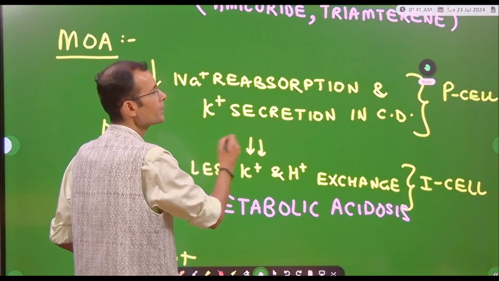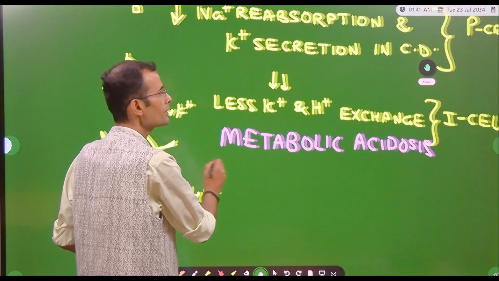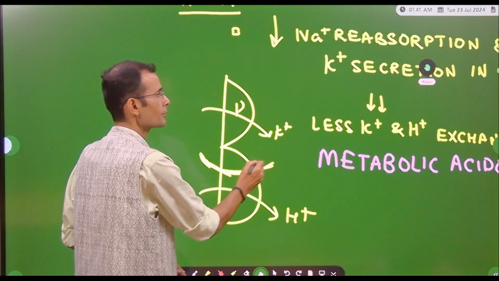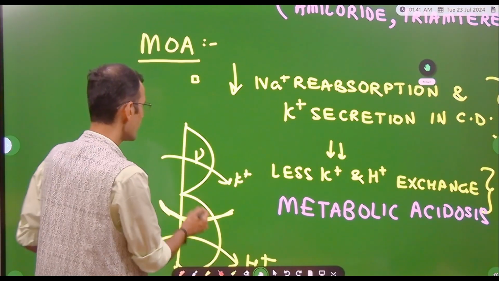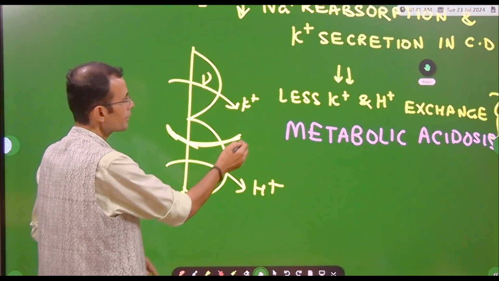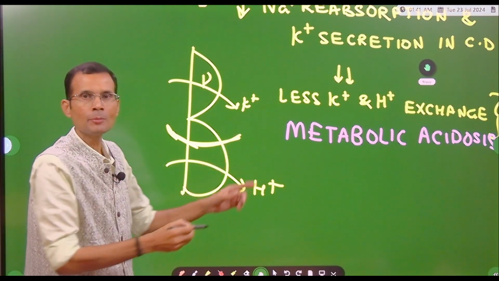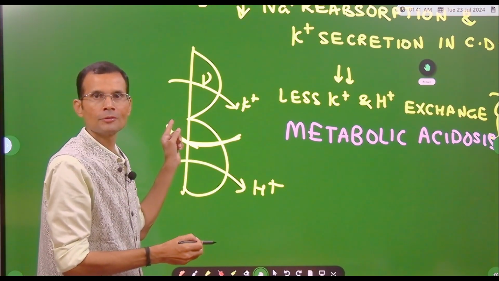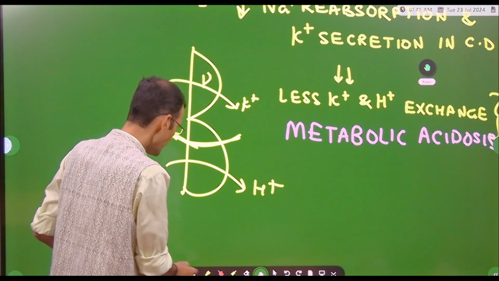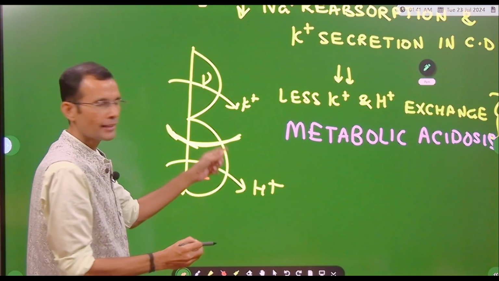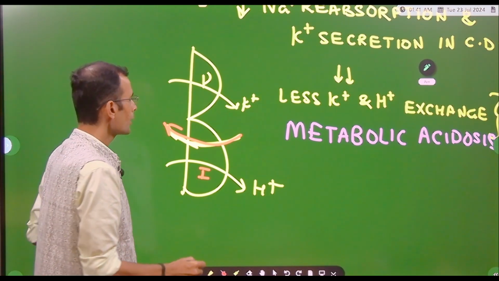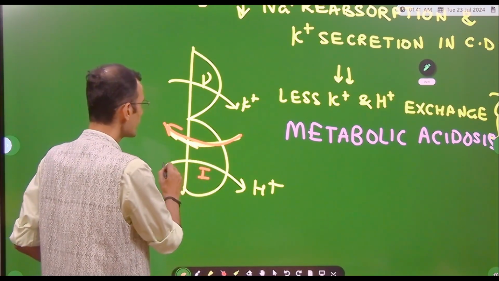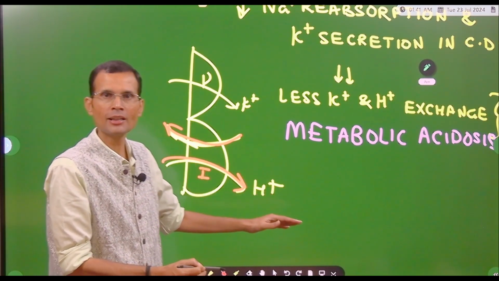So this is in the principal cell, and what happens in the intercalated cell, which is just next? If there is less potassium secretion by the principal cell, then the intercalated cell will have less load for potassium reabsorption. And that means less secretion of H+, which is happening in exchange.